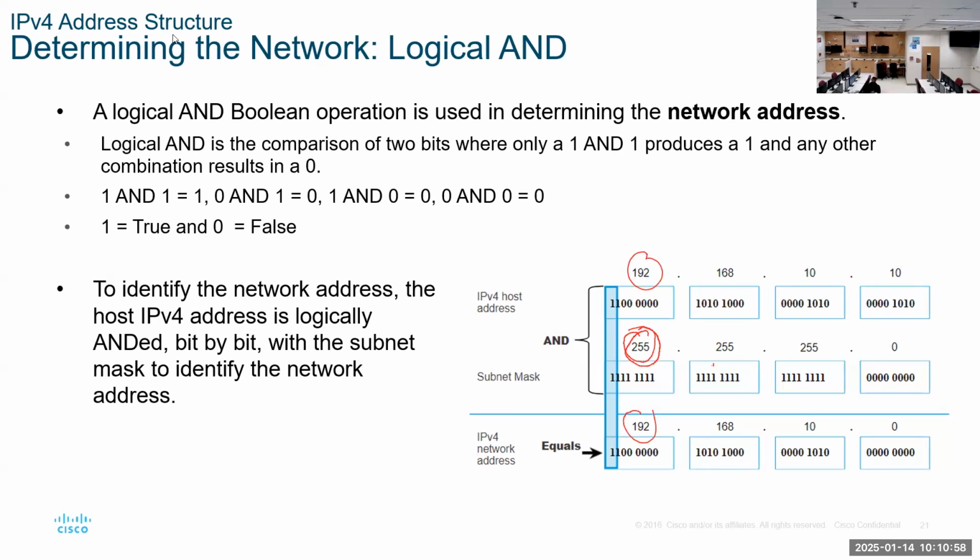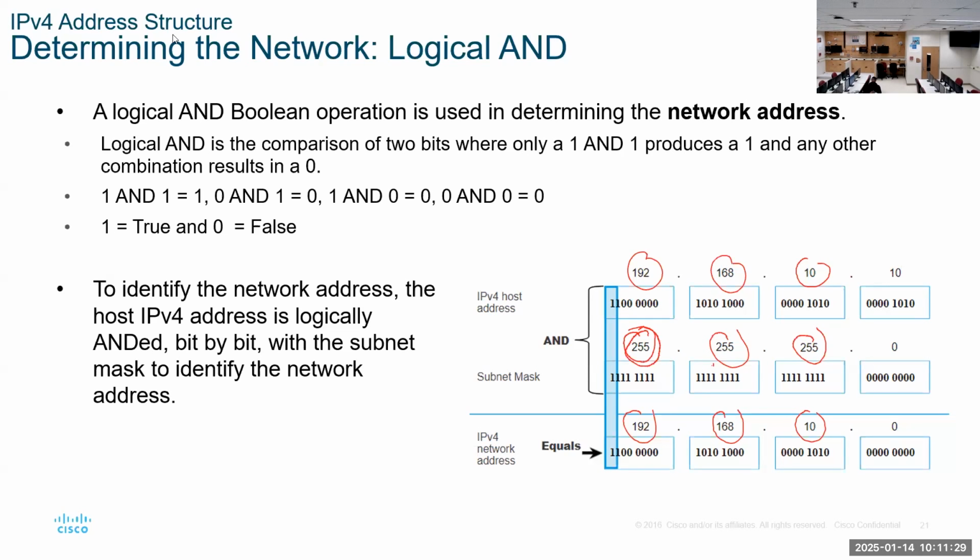If you AND with 0, you change it to 0. So if it's 255, it's the same; if it's 0, change it to 0. But anything that is not 0 and not 255, you have to convert to binary and AND every single bit together. Okay? That's the way you do it manually.